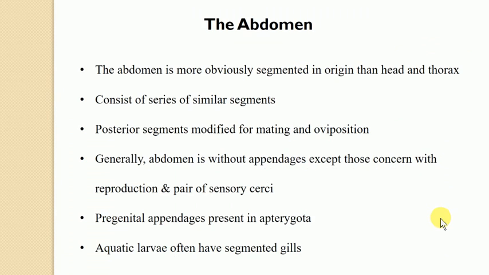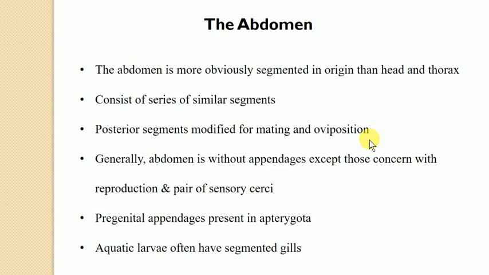Now the insect abdomen is more obviously segmented in origin than either the head and thorax, and it consists of a series of similar segments. But the posterior segments are modified for mating and for oviposition in case of the female.